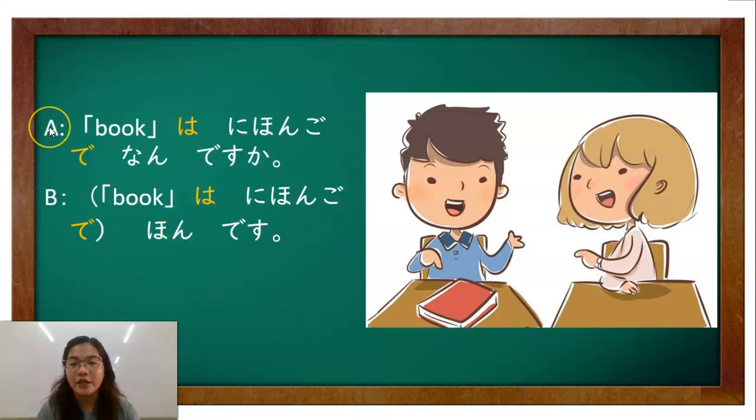Let's try again to read the A and B. Book wa nihongo de nan desu ka? Book wa nihongo de hon desu. Remember that the interrogative used here is nan, what. So you just put the answer into that place also. You can simply answer hon desu, but it's better if you complete the sentence while answering to be more polite.